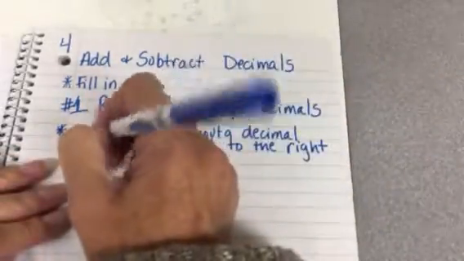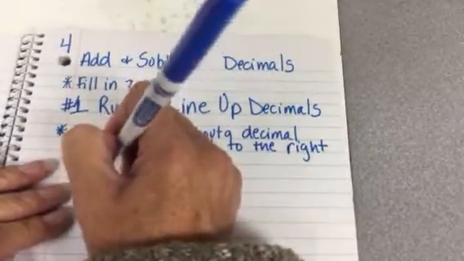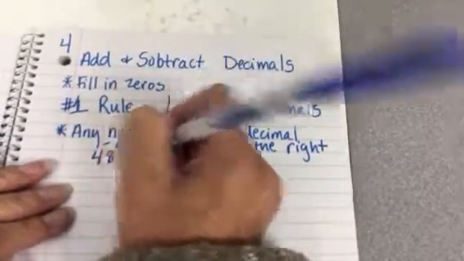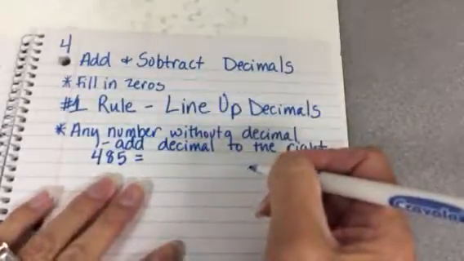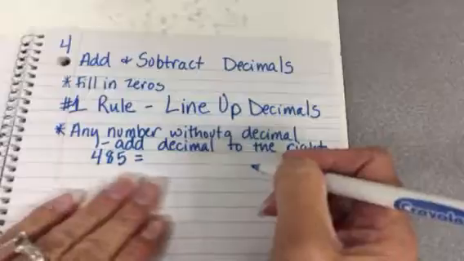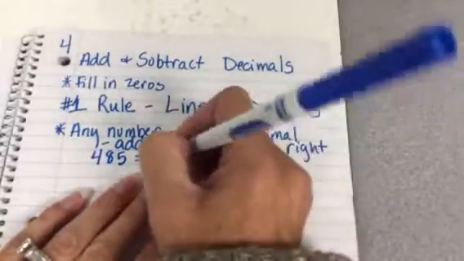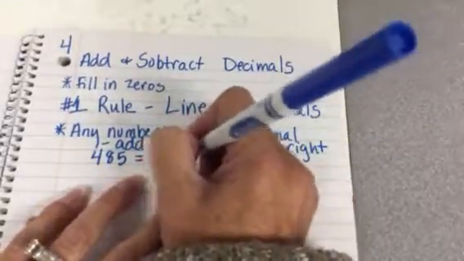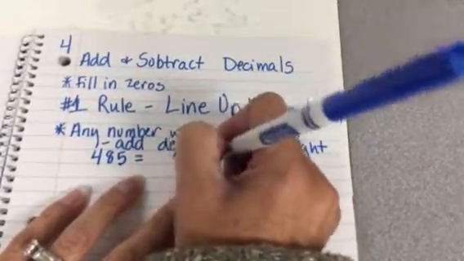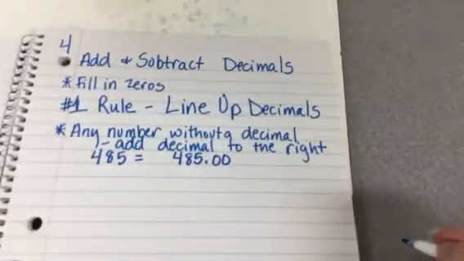Okay, so for example, 485, there's no decimal there, it's a whole number. There isn't any cents or change or any decimal value, fractional parts to be added. If I need to subtract a number from it that does have a decimal, 485.00, and those are equal.